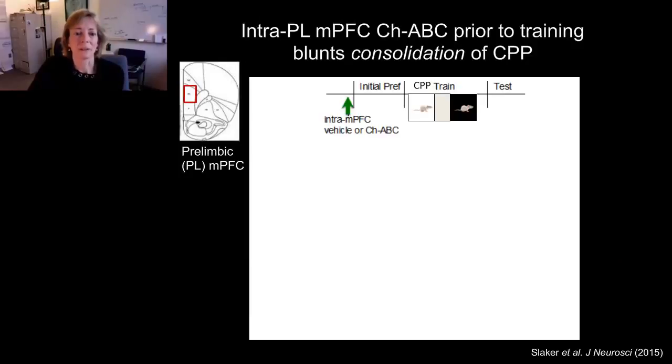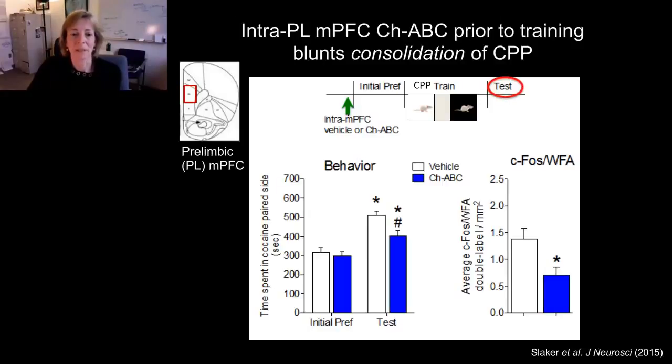So what she did was she said, well, let's give just vehicle or CHABC to the animals in the prelimbic prefrontal cortex, and then train them, as I mentioned before, and then test them. And so what I will show you is the results of that test day. On the left side is shown the behavior, and what you're looking at on this y-axis is the time spent in the cocaine-paired side.